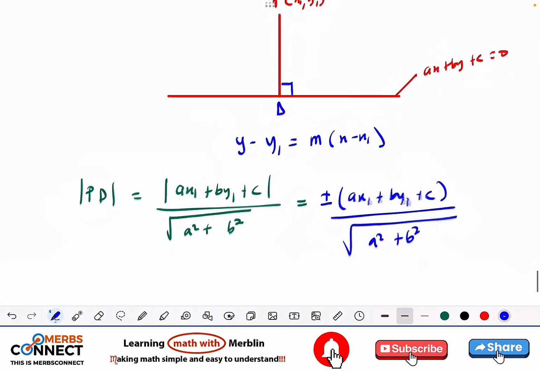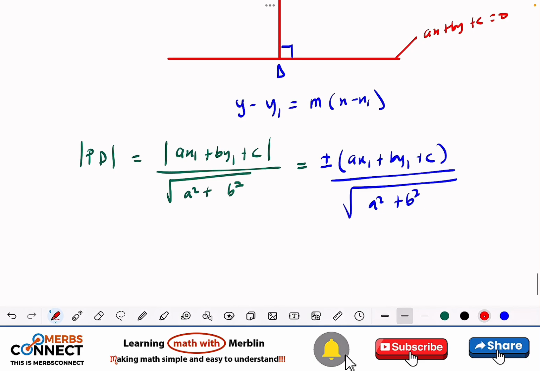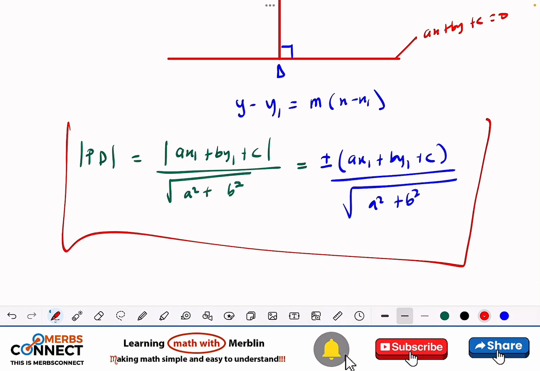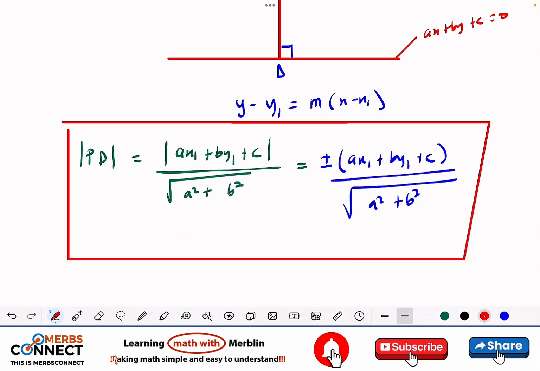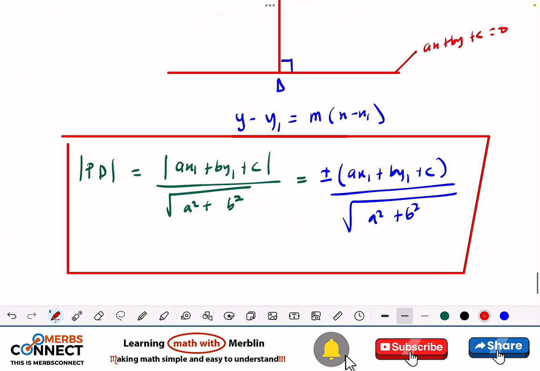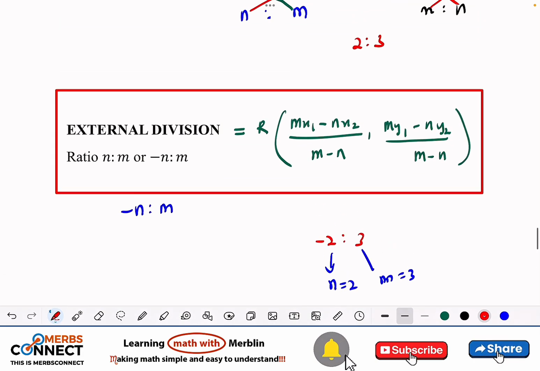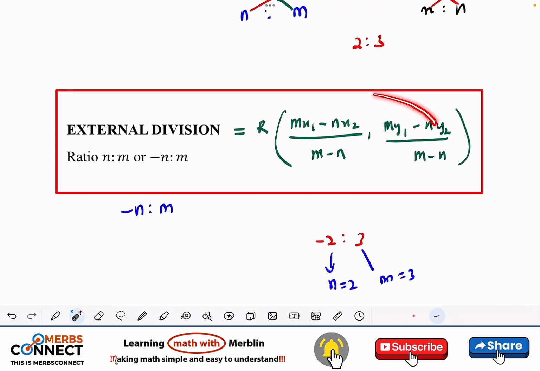So don't forget, we've gotten a lot of formulas here, right? So don't forget, we have this formula here. This is the distance of a point from a line. Good. This one is the formula for finding the external division, right? Good.